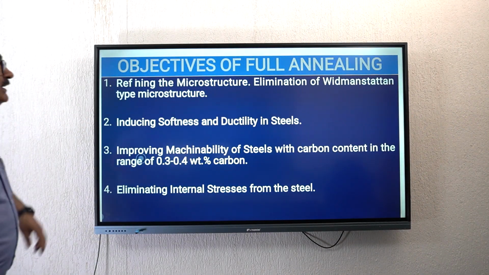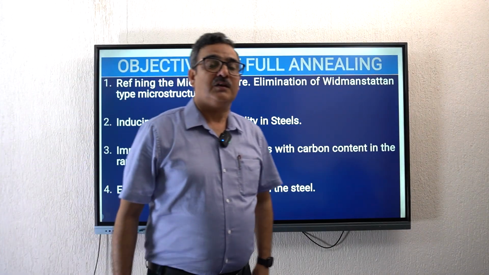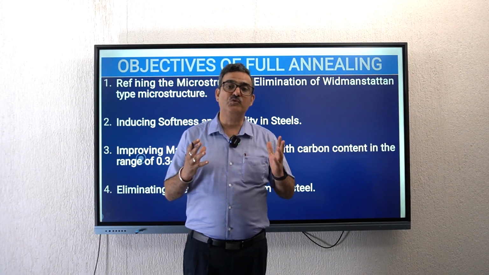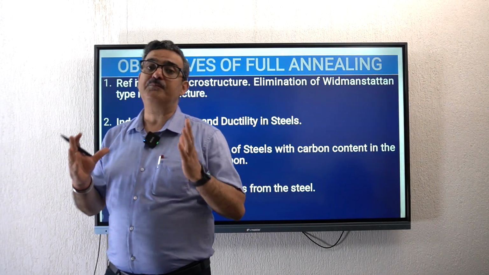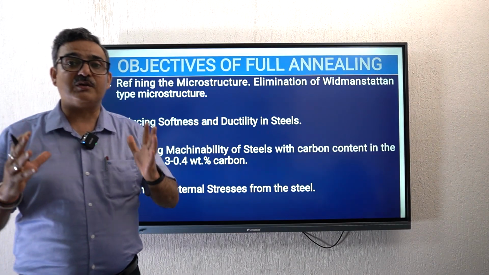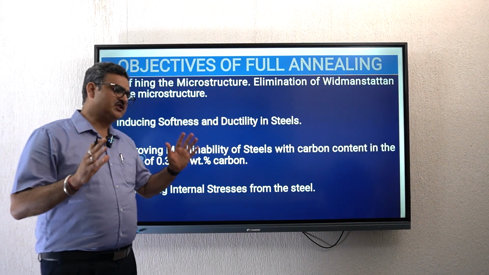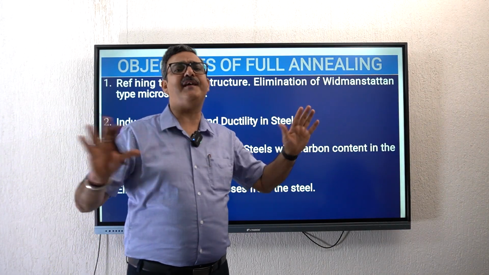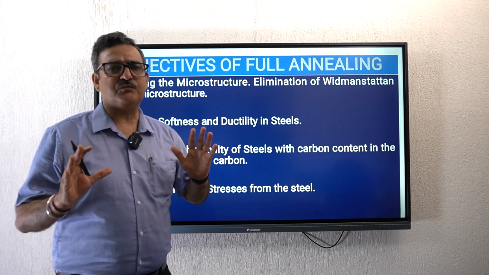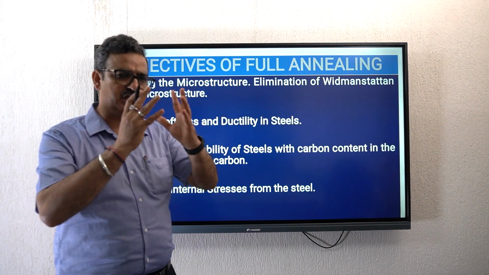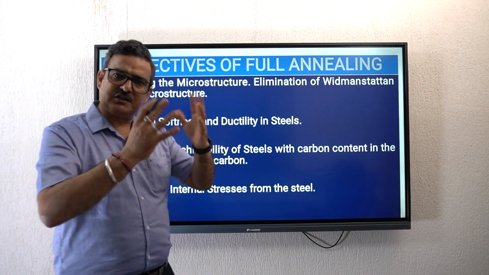what are the various objectives for which full annealing treatment would be given to any hypoeutectoid steel or any eutectoid steel? See, if your steel has received any pre-treatment because of which its grain structure has become very coarse, the structure has got distorted.